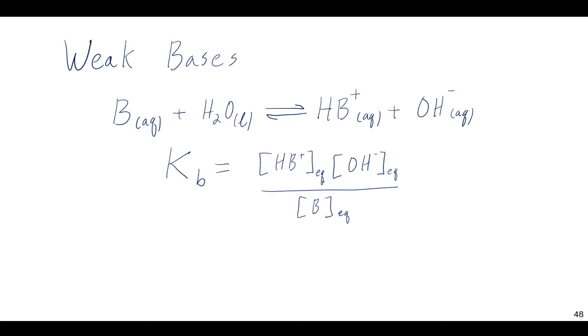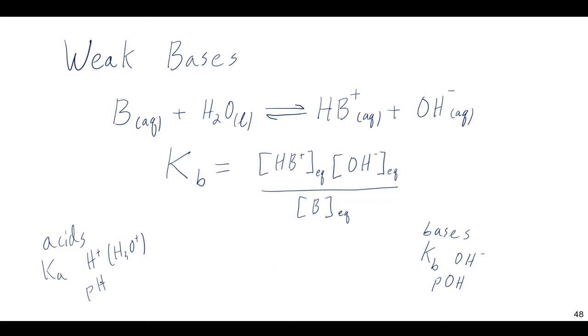So, whereas for acids we had Ka, and we were concerned with H plus, aka H3O plus, here for bases, of course, we're concerned with Kb and OH minus. For acids, we were talking about pH. For bases, we usually talk about pOH.